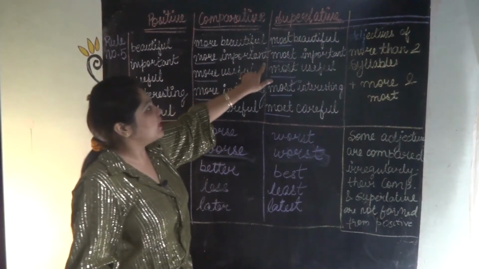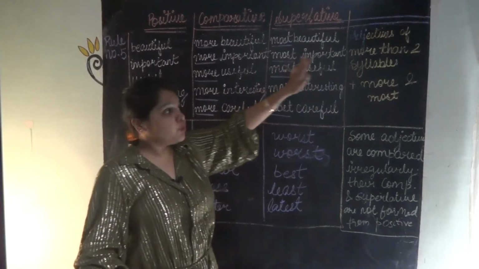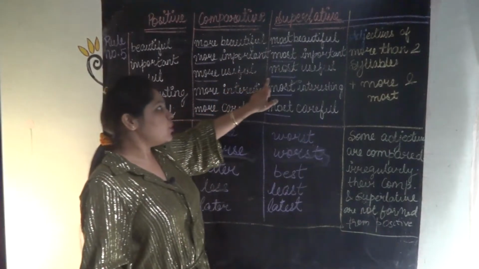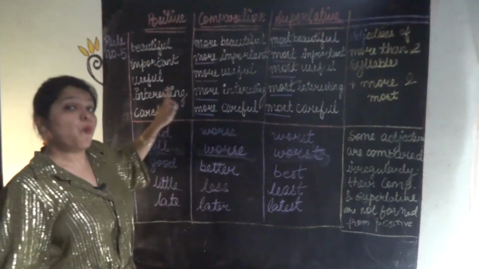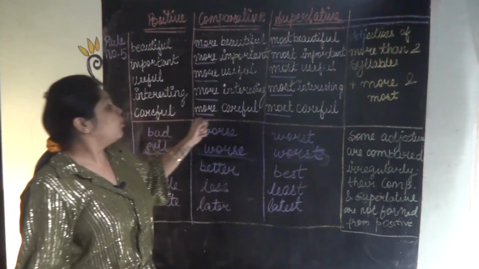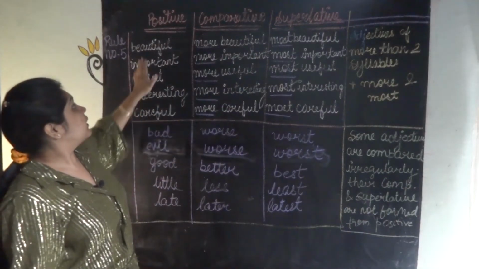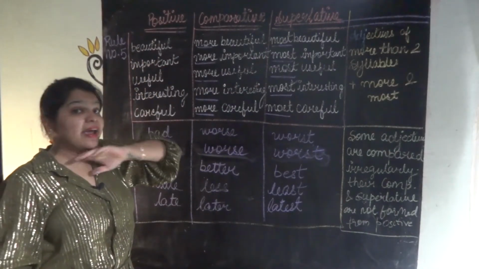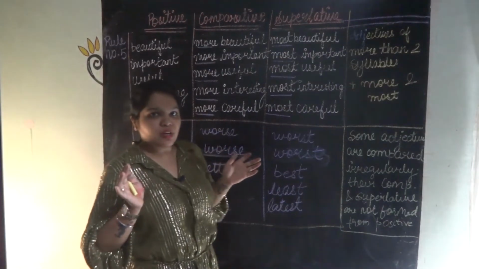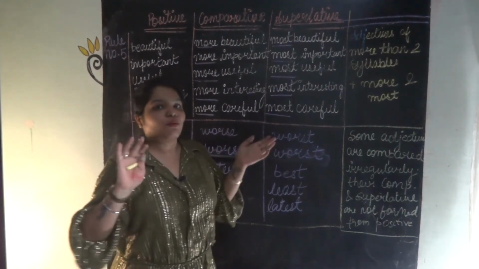Important will remain the same. We will just add more and most. Most important. Useful, more useful, most useful. Interesting, more interesting, most interesting. Careful, more careful, most careful. Okay, now I haven't added beautifuler, beautifulest. See how weird it looks. If I say, she is very beautifuler than her, no, it's not good.